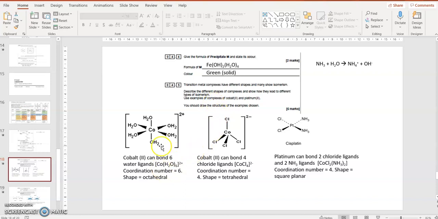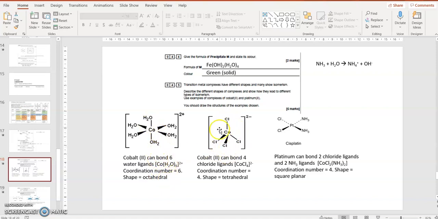Transition metals, so we've done this question several times over. You've got cobalt and you've got platinum, and you've got to talk about all the different ways that the ligands can form different complexes with different shapes. So you could have cobalt with 6 waters all around it. That would be octahedral, coordination number 6, shape octahedral, bond angle 90.